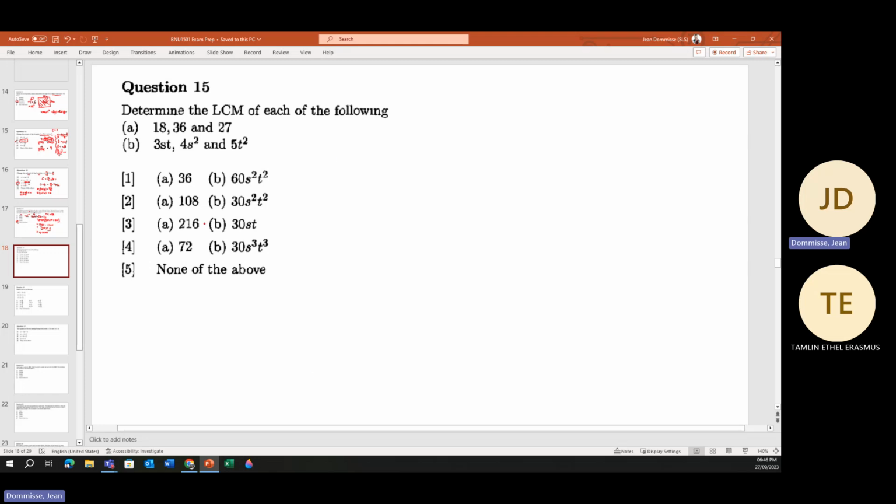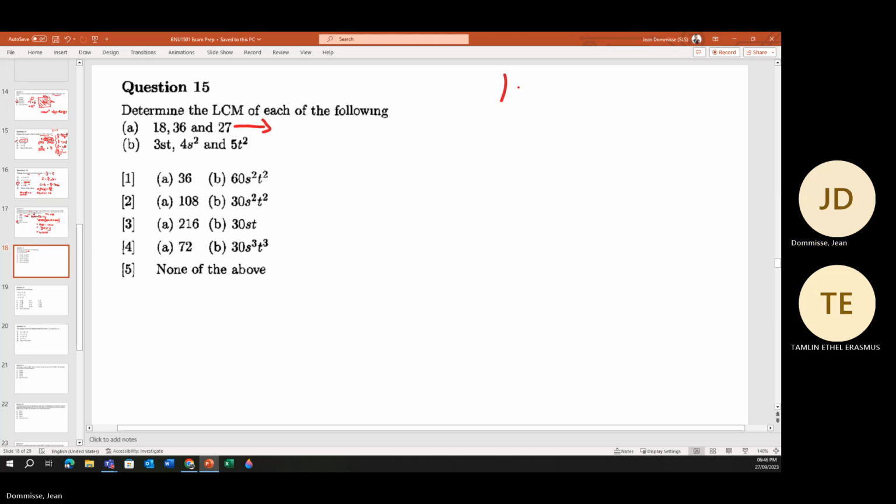So phew, this is really shaking it up a bit. So we sit with 18, 36, and 27 as one of the things that we need to look at. And then we sit with 3st^4, s^2, and 5t^2. Okay, so let's do this one first.